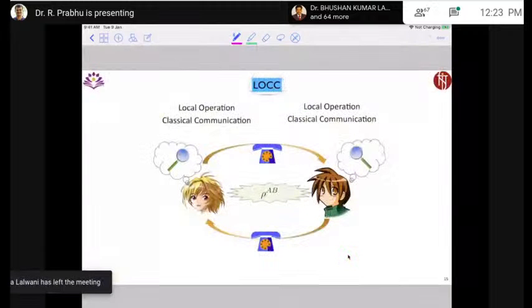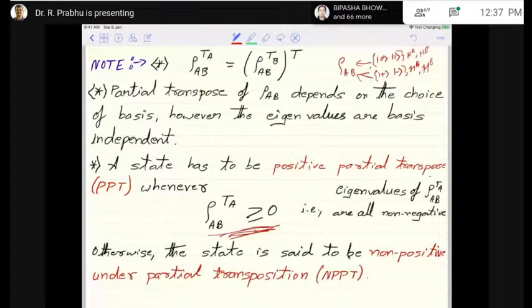Now I have a density matrix, make a partial transpose operation, and find its eigenvalues. If the eigenvalues are found to be non-negative, then we have positive under partial transpose operation, and the state is said to be PPT.